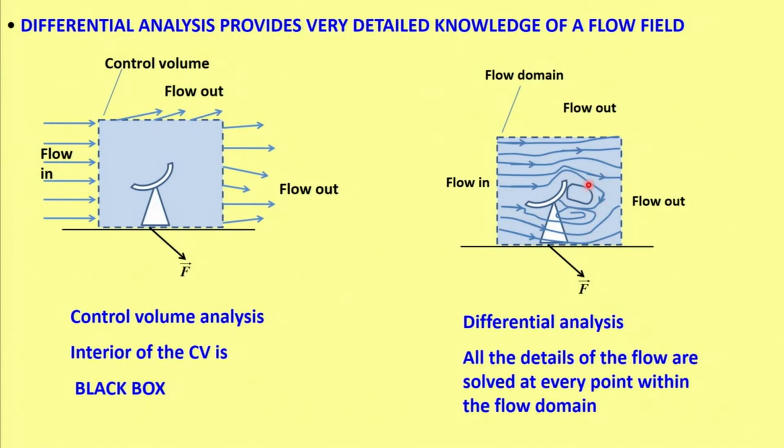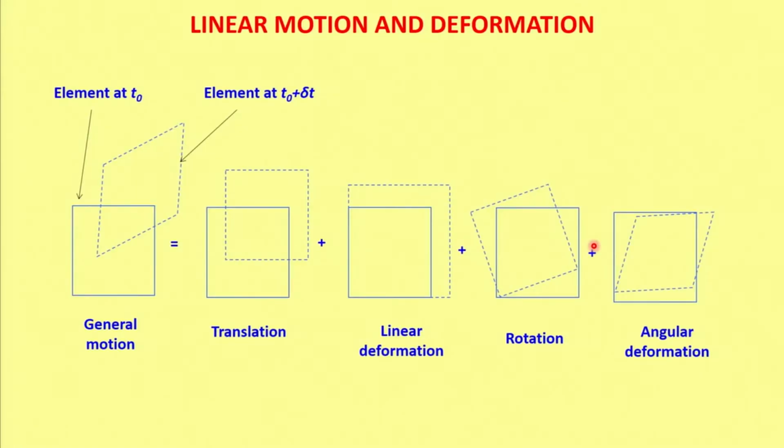Are there any vortices there? What happens to the velocity gradients? All of that we will be able to capture in the differential analysis, which is not possible in the control volume. So kind of, control volume is the engineering approach, differential analysis is the scientific approach. It's a loose statement, but nevertheless we can try to understand it that way.